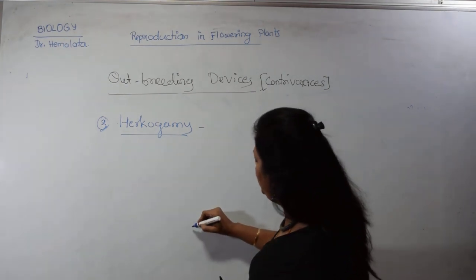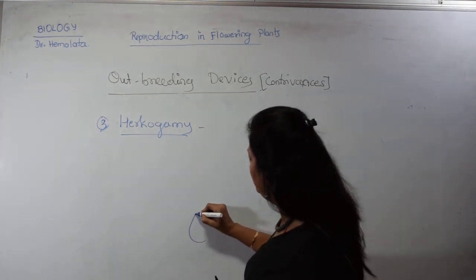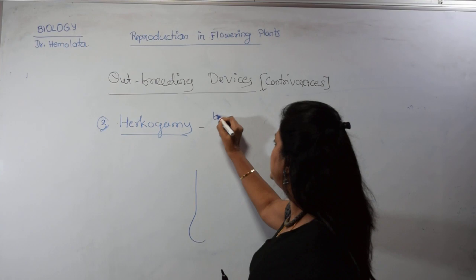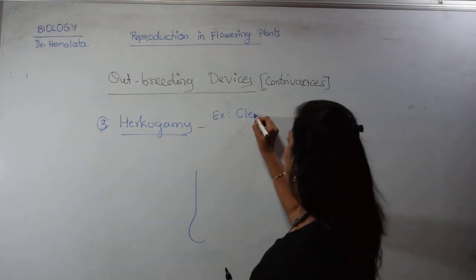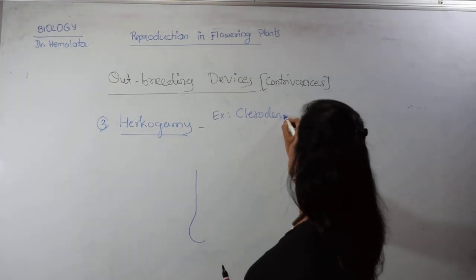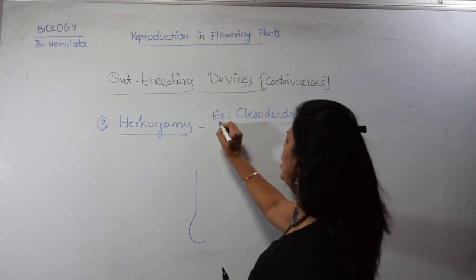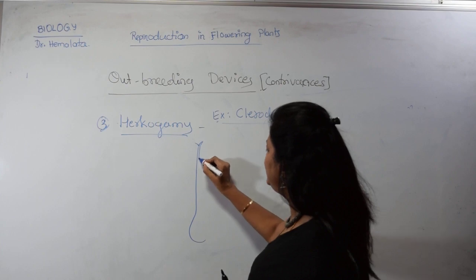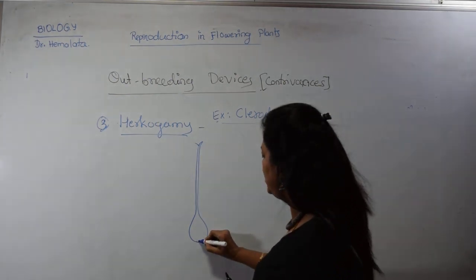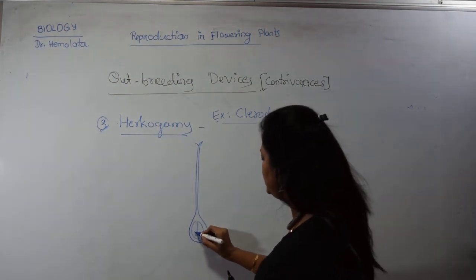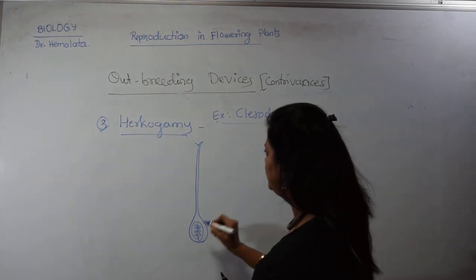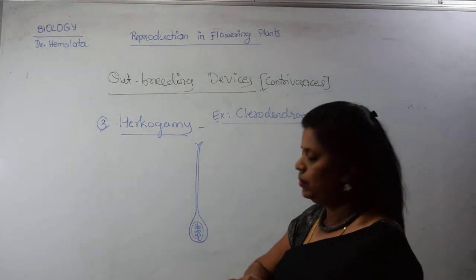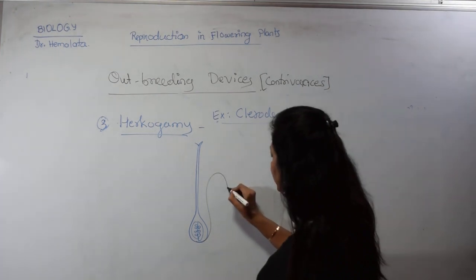Right? What happens is, imagine there is one plant. Its name is, as an example I will give you, Clerodendron. In this plant, the stigma is straight, imagine like this, and whenever it is ready to take the pollen grains, then all its anthers will be bending down.